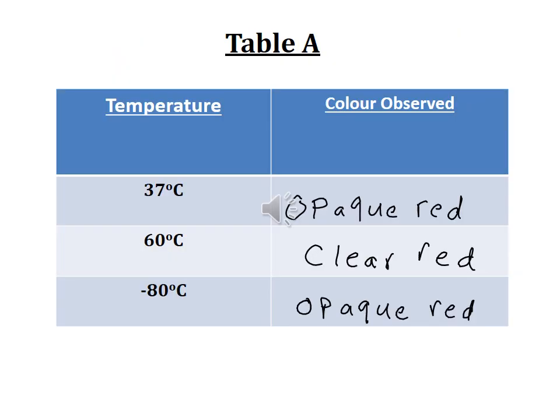Now, I want you guys to look at the results for the temperature part, which is table A. This is what I got when I did the experiment. At 37 Celsius, which is normal body temperature, I got opaque red, and you can see the slide for this color. At 60 Celsius, I got clear red. At minus 80, I also got opaque red.